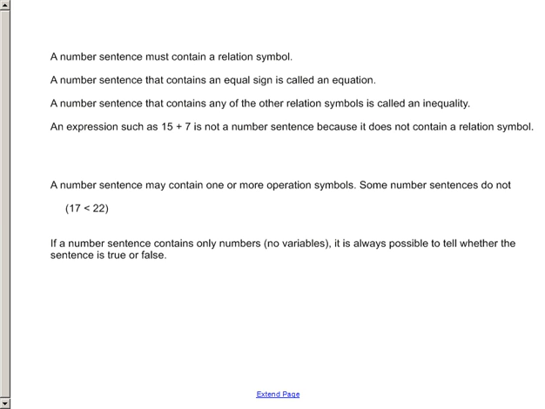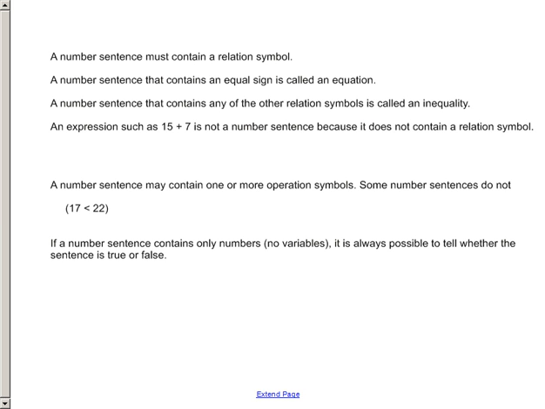So like in order of operations, our number sentence might have multiplication, division, parentheses, and some number sentences do not have operations. So I have an example there. 17 is less than 22. That's a number sentence. It has a relation symbol, but it doesn't have an operation. It just tells us 17 is less than 22.